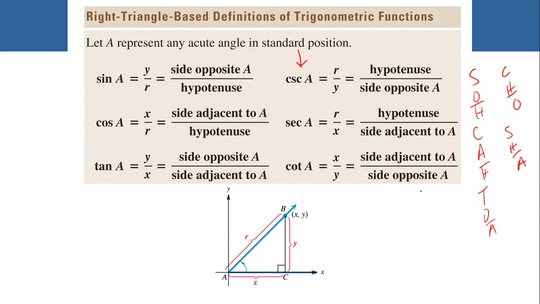For cotangent, it's now going to be adjacent over opposite. Does that sound doable? It's still just a reciprocal, still what you learned with SOHCAHTOA. We're just now using its reciprocals.